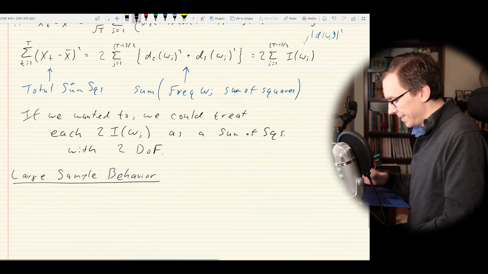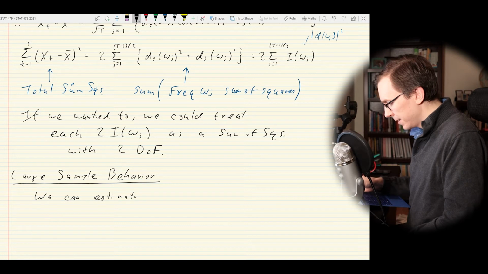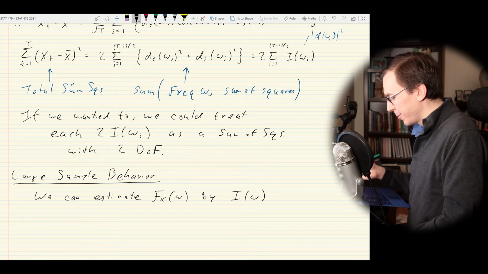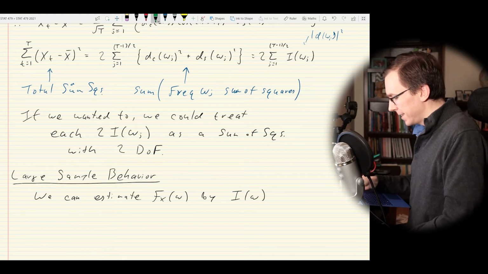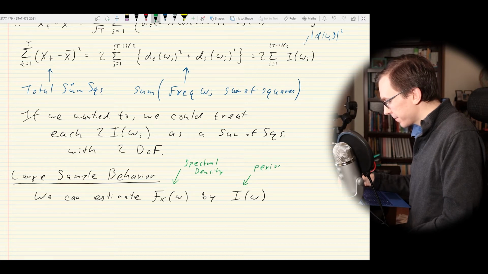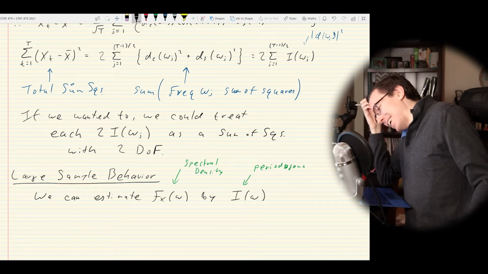Basically, the idea is we can estimate f_x(omega), the spectral density, by I(omega), the periodogram. And the question is, how good is that? How good is that estimate?